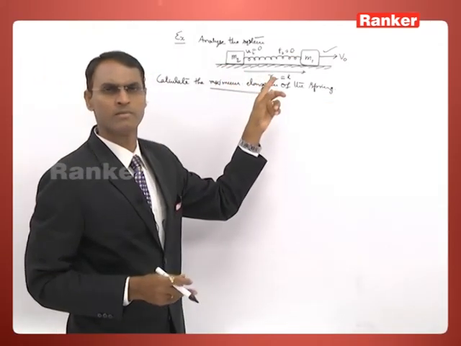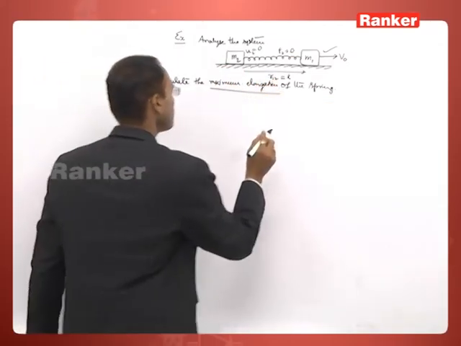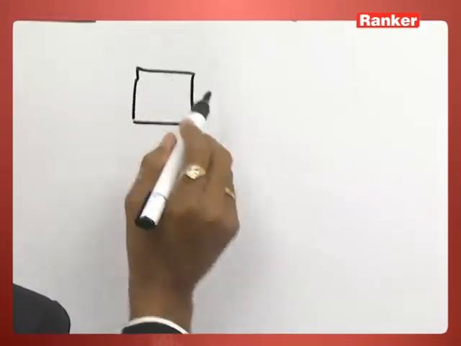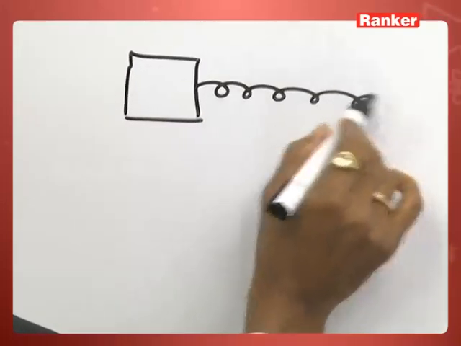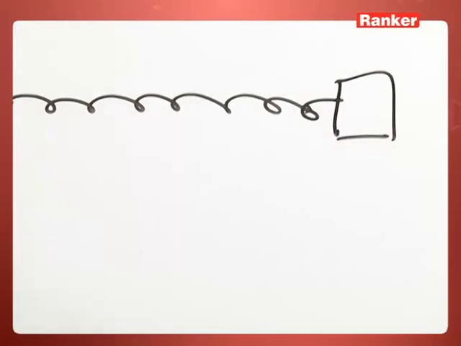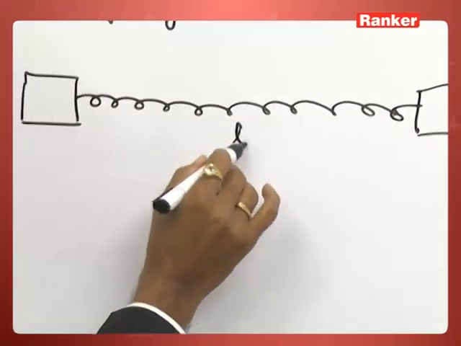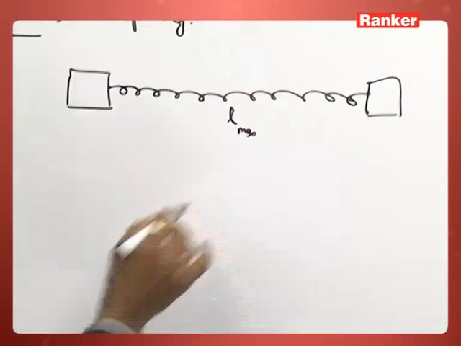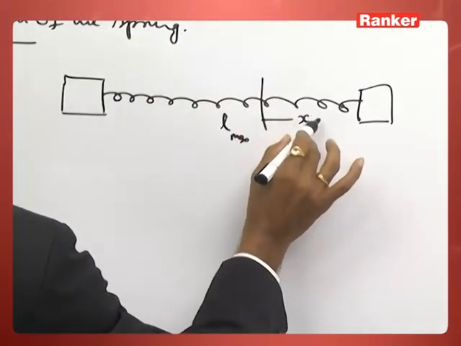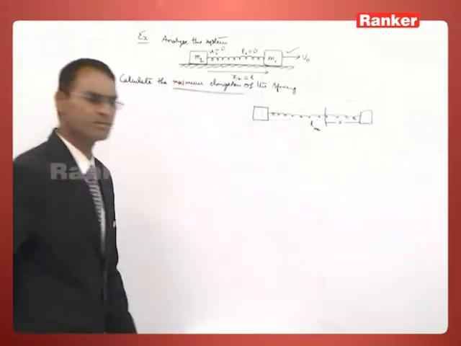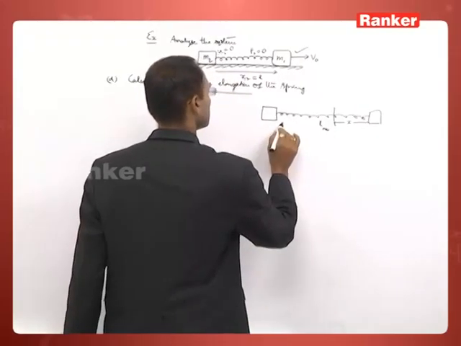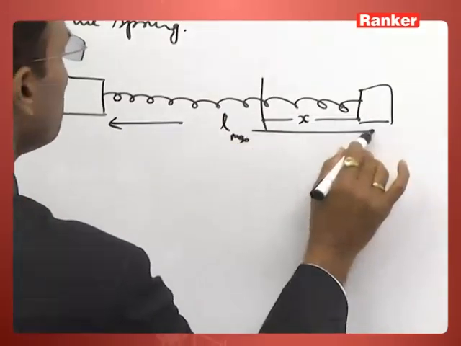Once you understand that position, or the instant when the spring has maximum length, or the spring has maximum elongation, let it be x, and this is the maximum length of the spring.